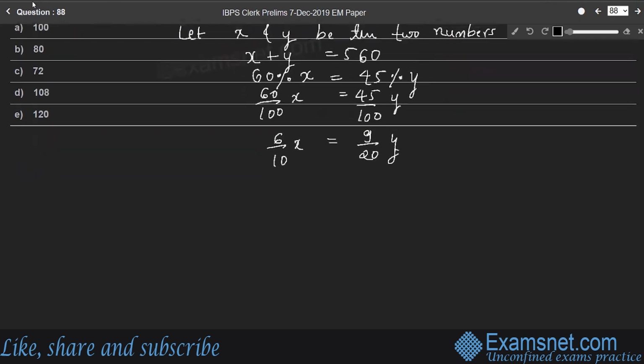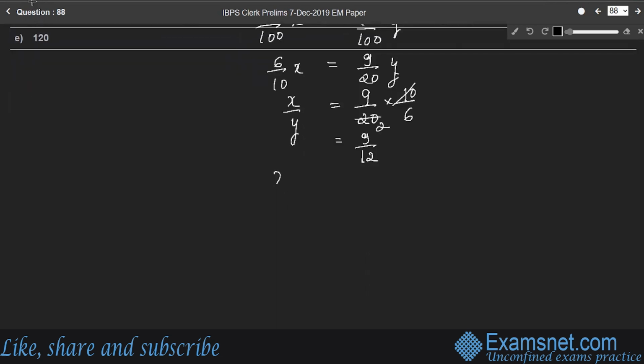So 45 is divisible by 5, even 100, so we'll get 9 by 20 into y. So next, x by y is equal to 9 by 20 into 10 by 6. Right? So 10 into 2, so we'll get 9 by 12. So x by y is 3 by 4, or we can write x is to y is equal to 3 is to 4.